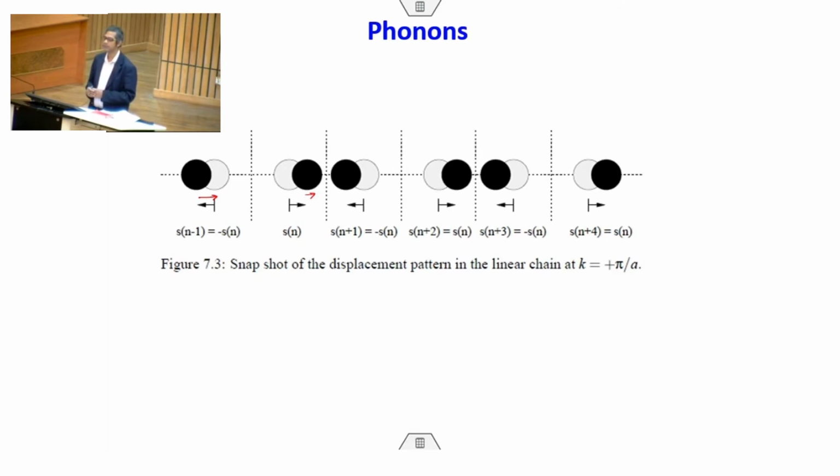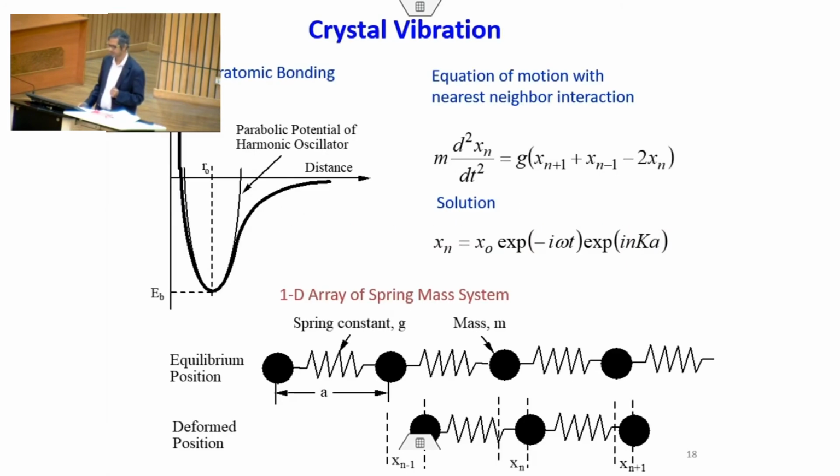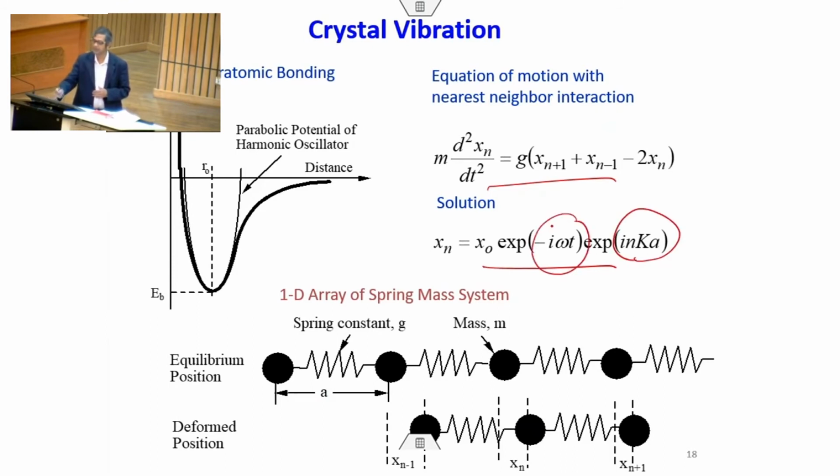So in a linear chain, this is exactly what I showed you. This is what will happen, a displacement pattern in a linear chain when you are talking about atomic vibrations. Atoms will move from their mean positions to both the sides, left or right, and that will lead to pull and push, what I discussed in the last lecture. This is the equation I told you, and this is the solution of the equation, which has two parts, the exponential part you see here, and the time dependent part.